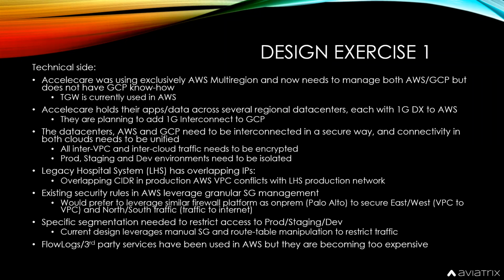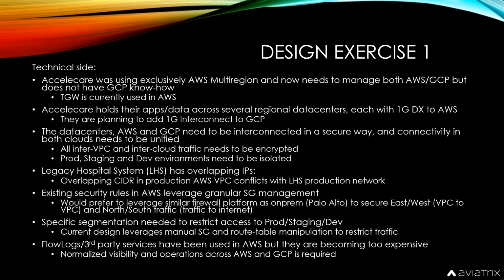Currently they're using flow logs and a combination of third-party services to get that, but some of it is not ideal, and it's very expensive. So having something that's normalized and is capable of providing that visibility across AWS and GCP, ideally in a single pane of glass, or something that's managing both of those environments or has that visibility, would be ideal.